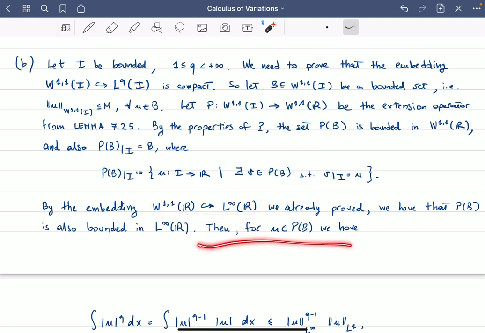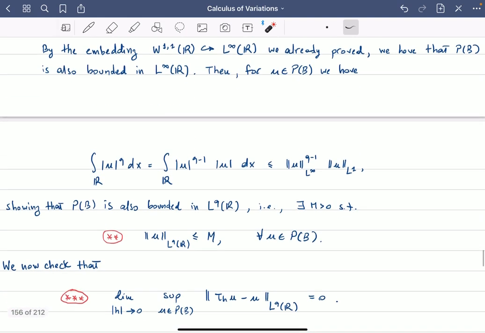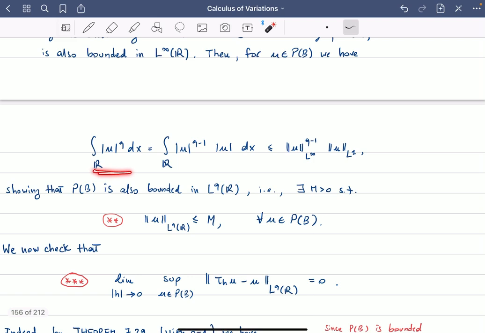And therefore for an arbitrary u in P of B we have the following. The q norm of u is equal simply to the integral of absolute value of u to the q minus 1 times the absolute value of u.